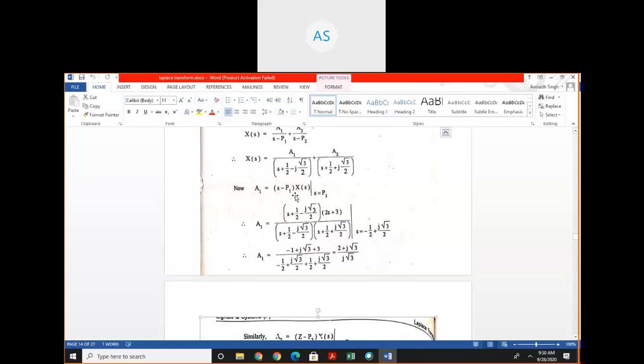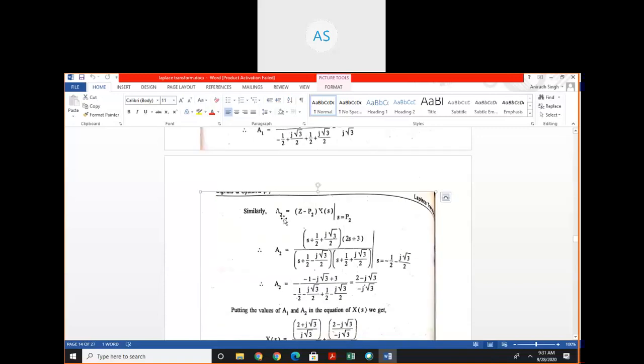A1 is calculated by (s minus p1) multiplied by X(s), evaluated when s is equal to p1. Then this term is cancelled by this term, and if we put s equal to minus half plus j root 3 by 2 in this equation, we get the value of A1.